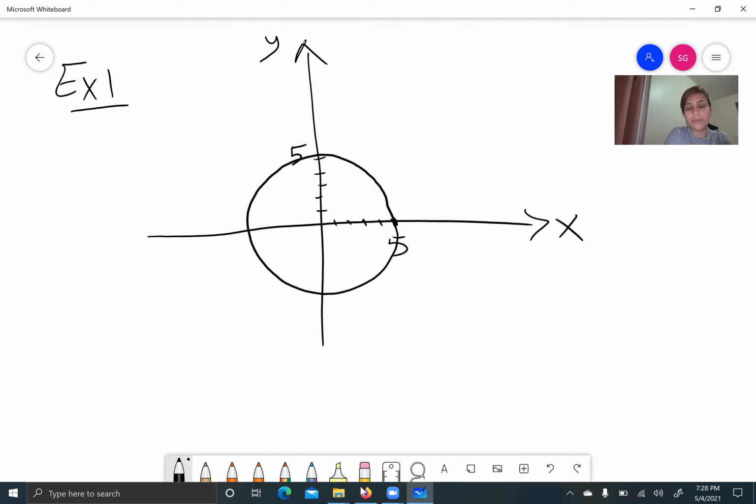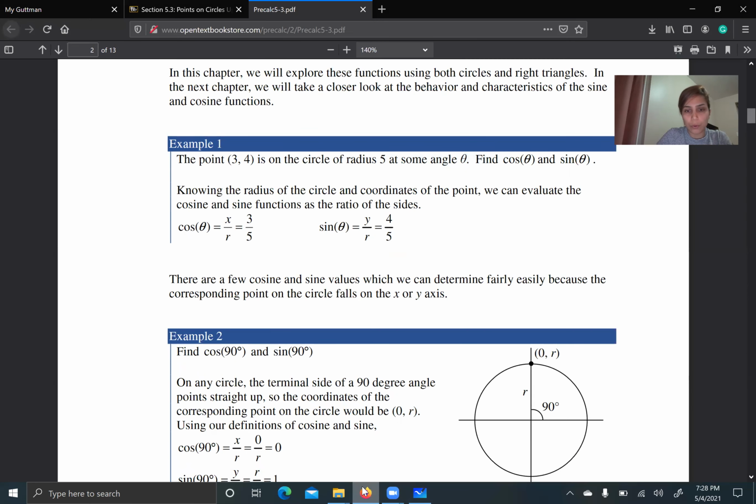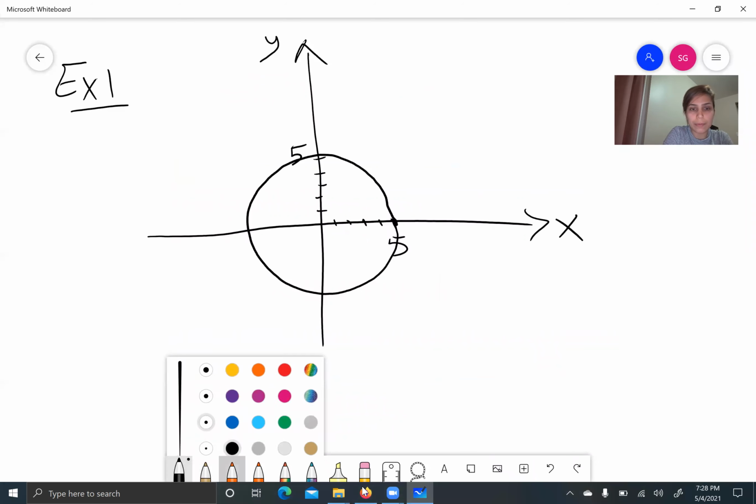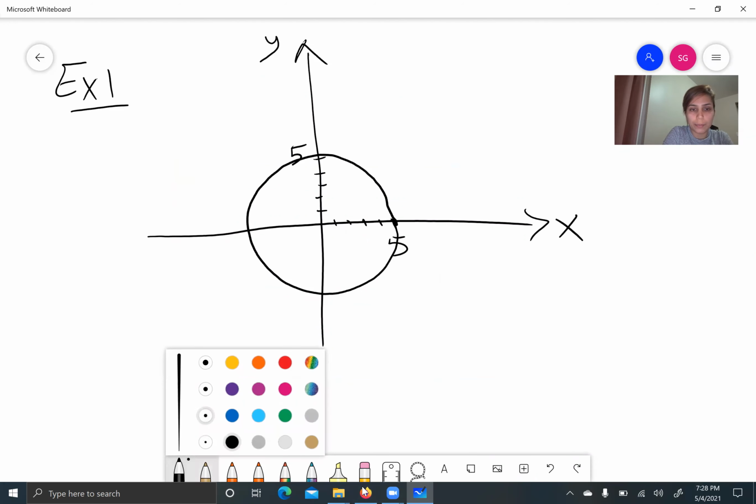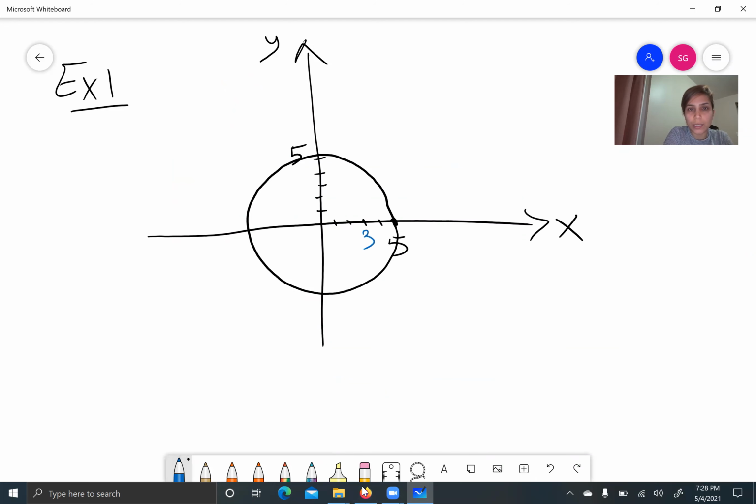So this is a circle of radius 5. And the point is (3, 4). Let me plot the point. The point is 3, 4. So it's going to be somewhere here. You see? So that's the point, (3, 4).